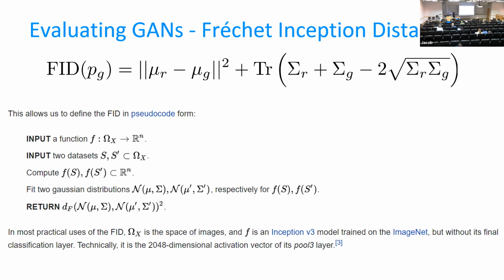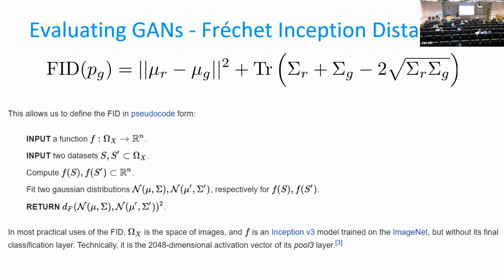So the way the algorithm works for calculating Fréchet inception distance is as follows. We are going to take a function F from the space of images to R^n, and we're going to make that an inception model.